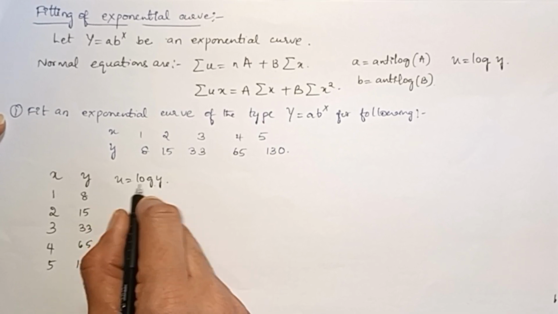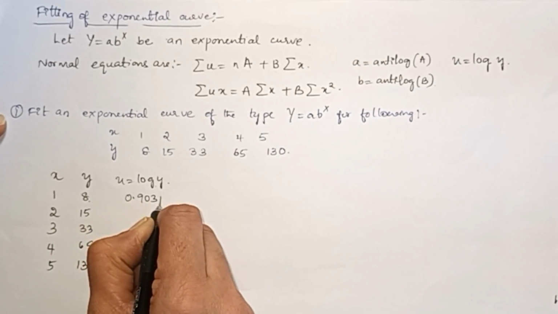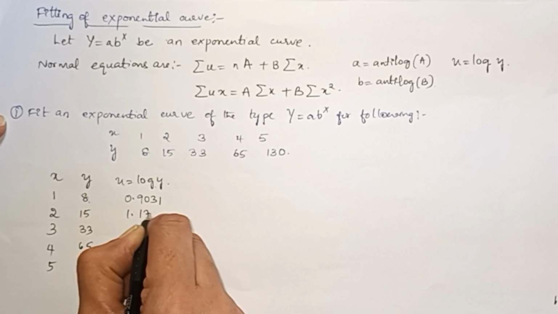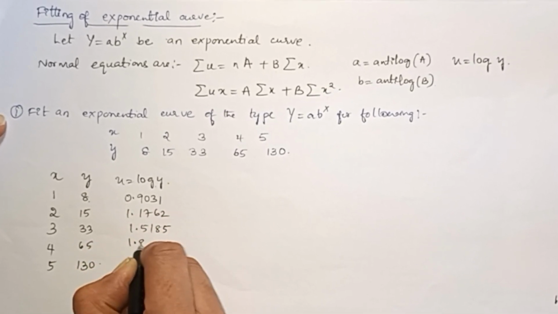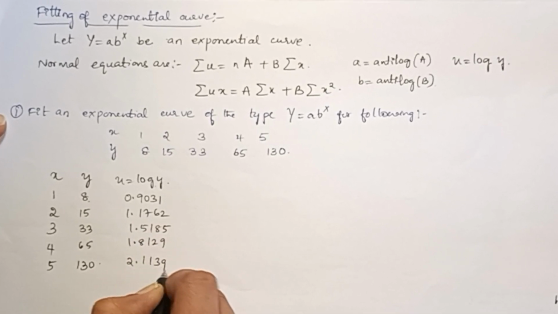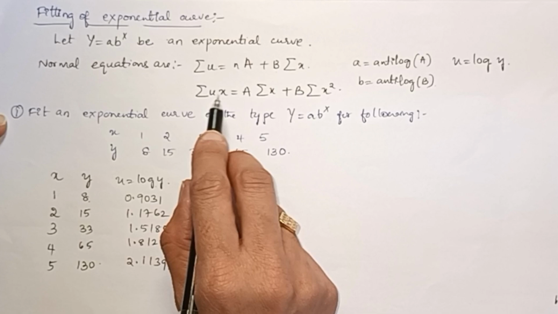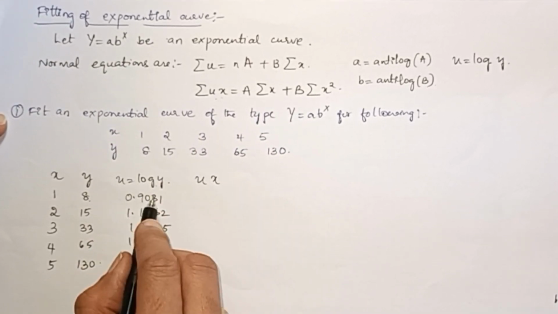Okay, so log of 8 gives you 0.9031, and here it is 1.1762, 1.5185, 1.8129, then 2.1139. Then I want sigma u into x. So u into x, this column, third and the first column.